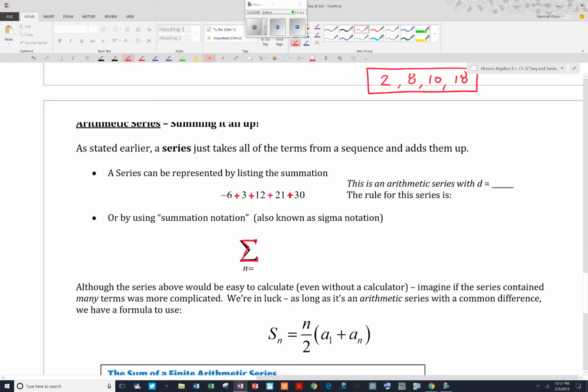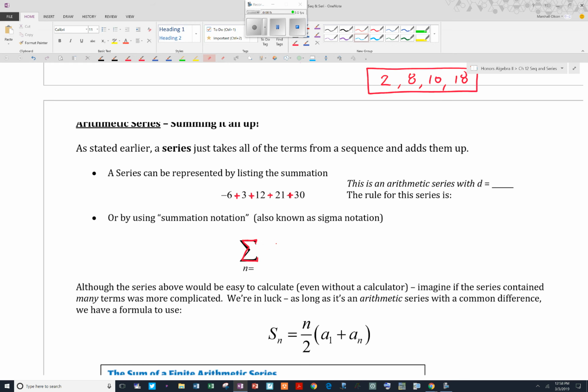Okay, so now what we want to do first is get some practice writing an arithmetic rule and writing the summation notation here. In summation notation, we want the rule for a sub n right there. That is always an explicit rule that goes there. So let's write a rule for that series.